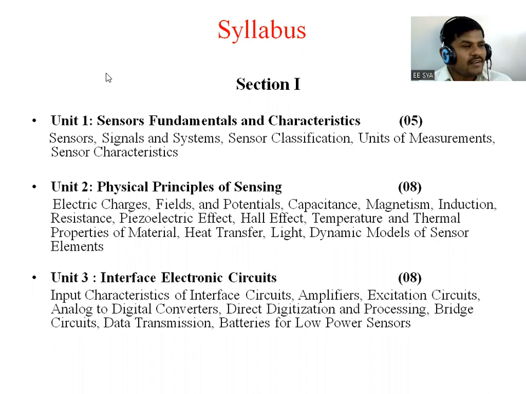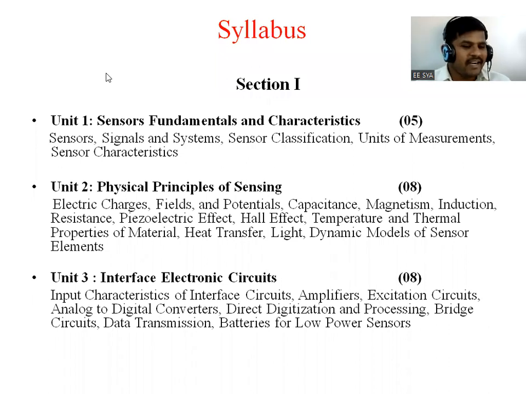Next one, amplifier. So a low level signal is there, and we want to convert it into a high level signal, so we want to use an amplifier. So it is one type of interfacing circuit. Then some sensors will require an excitation circuit to energize or enable that sensor. Do you know excitation? You have already studied, I think, DC motor, synchronous motor, induction motor, there is a concept of excitation.